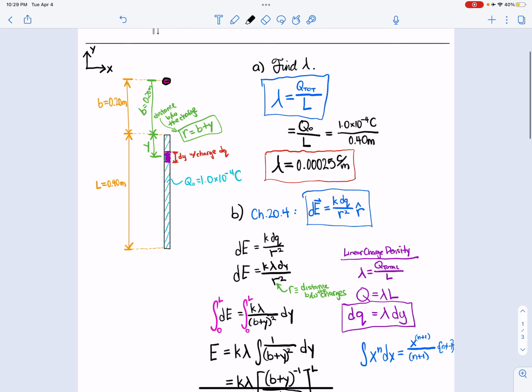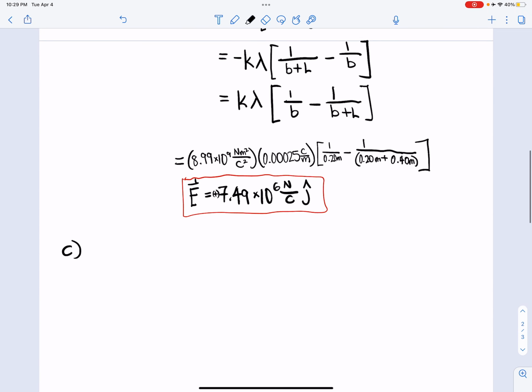So we will use our formula also from chapter 20, section 4. And that formula is the electric force formula, okay? So the formula for electric force is equal to the point charge Q times the electric field E. All right? So it was given to us. What was our value for the point charge, right?